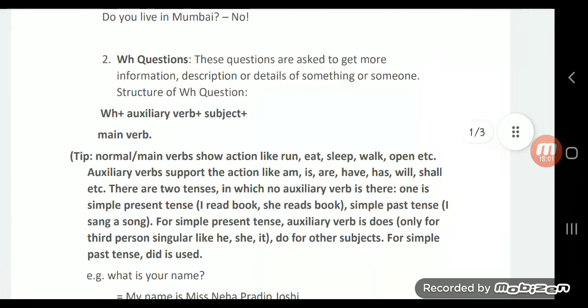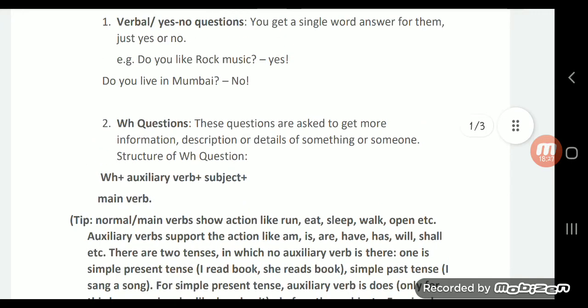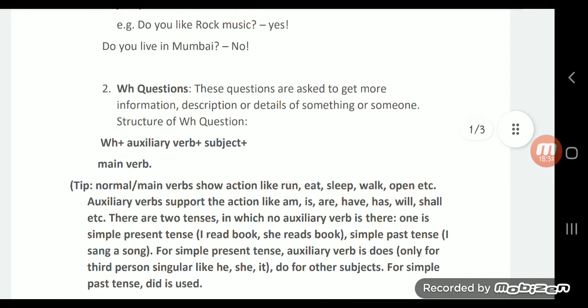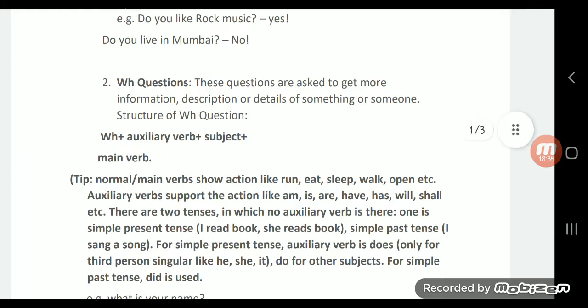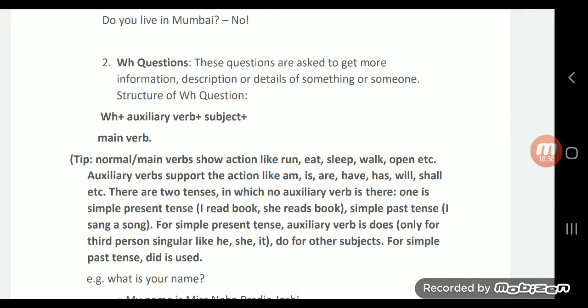Okay, now what is a structure? If there is any sentence or any formulation, then there is a particular structure for that. A question also has a fixed structure, just like tenses and voices that we saw. Now here: WH, then auxiliary verb plus subject plus main verb. Now I prepared this PDF in a lot of rush, therefore you can see it in this way, but I hope it is clear to you whatever you are seeing.